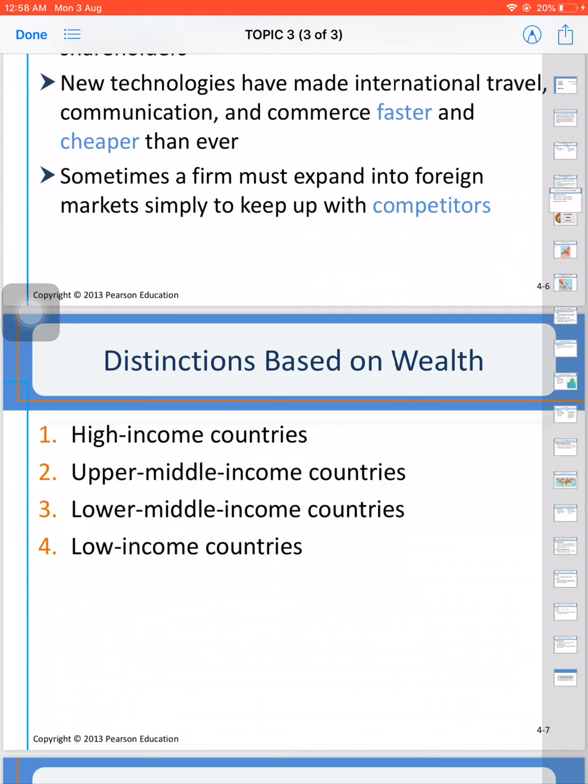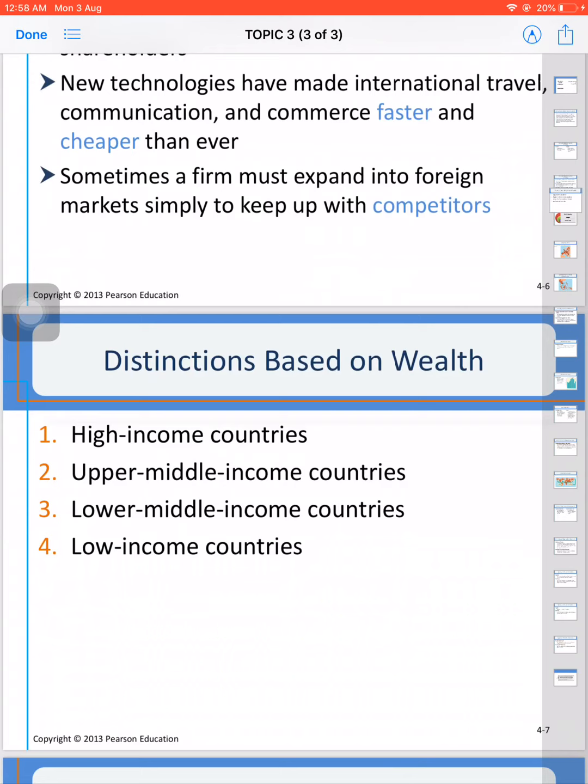Low income countries, which we often call developing countries, are those with annual per capita income of $905 or less. Normally, high income countries are, for example, Switzerland, Norway, the UK, the US, and Singapore.